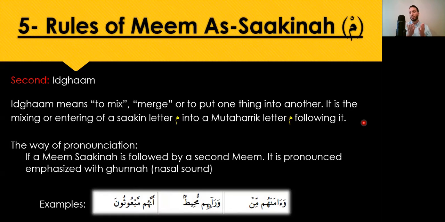And that other Meem, of course, has to be mutaharrik, which means it has an accent, a fatha, kasra, or dhamma, because it's not possible to have two Meem Saakinah back to back. It's not possible to have that scenario in Arabic. Two letters that are sakin back to back. Okay? So in that case, we say that we merge both memes.